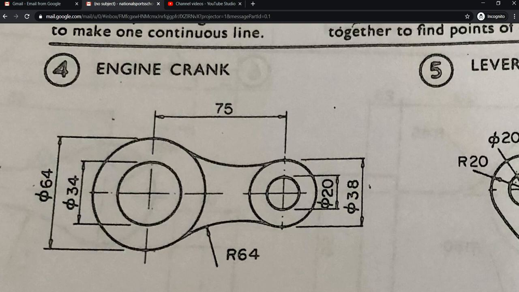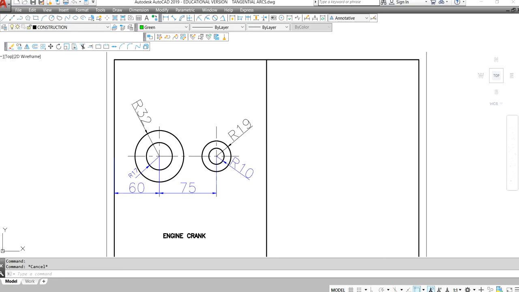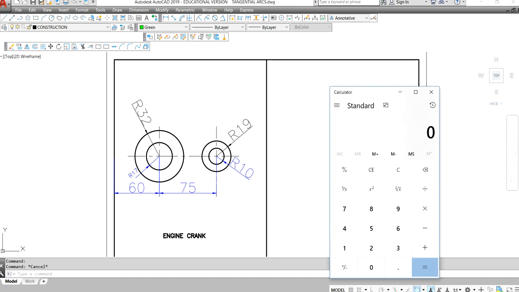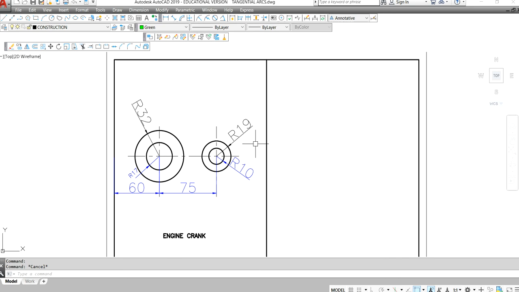So basically we need to do addition: 64 plus 32 and 64 plus 19. To confuse us, he gave us diameter 64, but that has nothing to do with it, so we need to do 64 plus 32, which gives us 96.